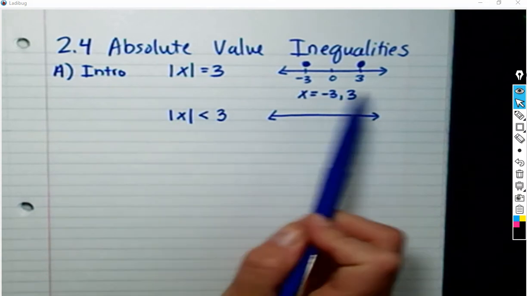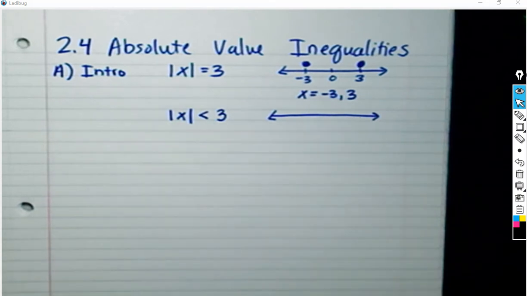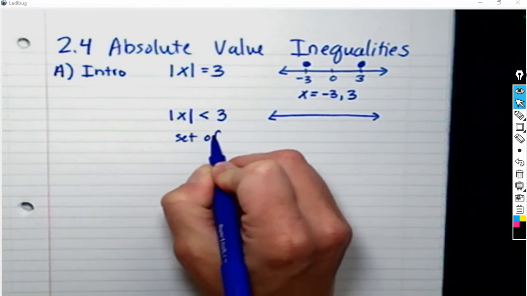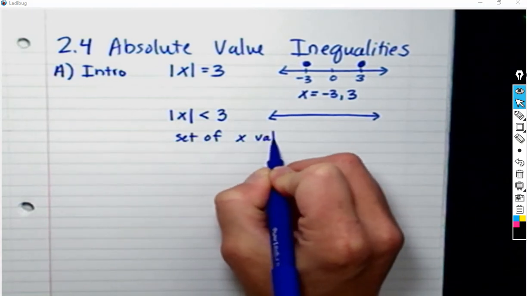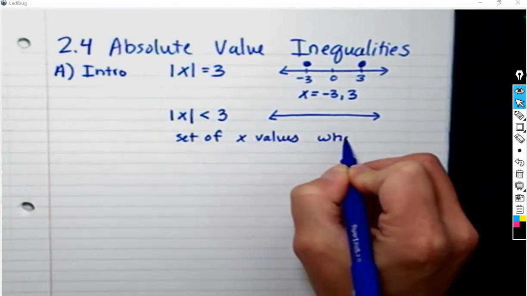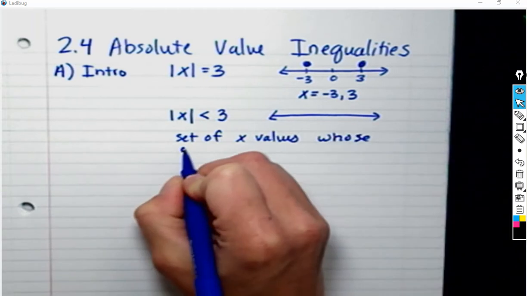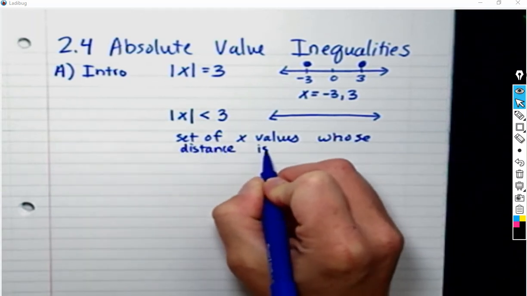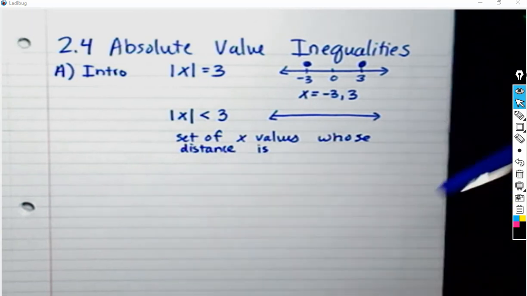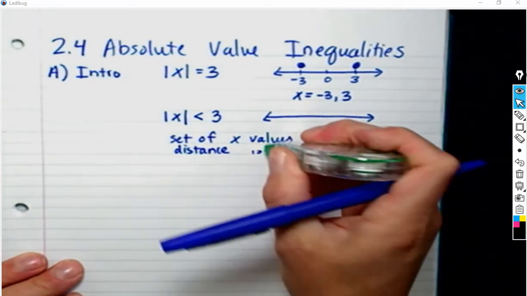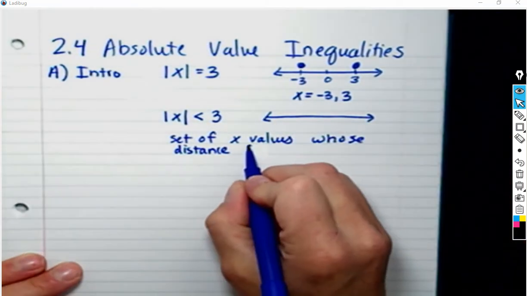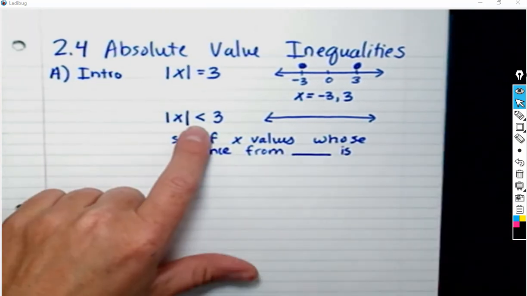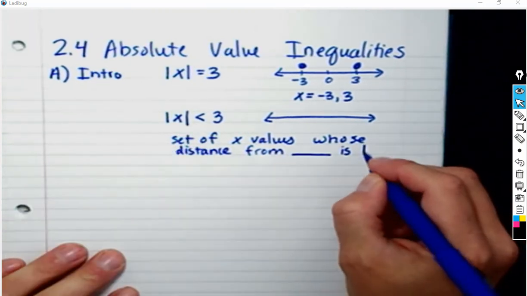Now, when we did the equals, we had the sentence that went with it. So this is the set of x values whose distance, I guess I have to have a distance from somewhere, distance from, is not equal to, is less than.